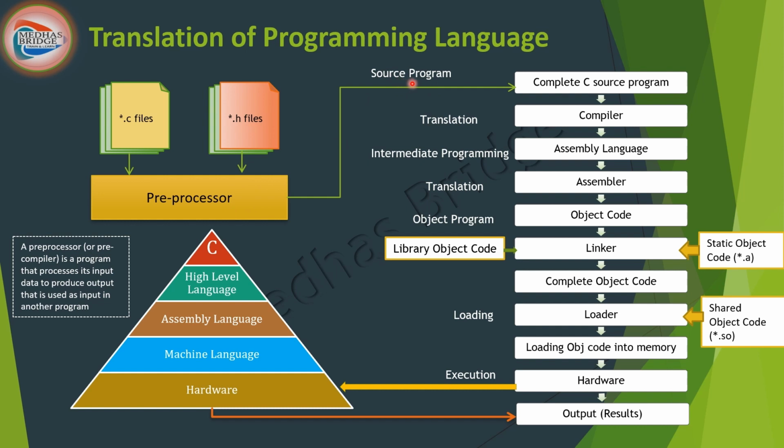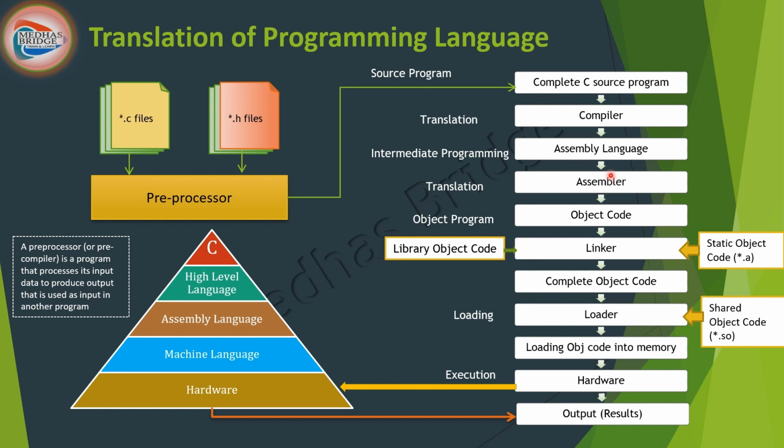This complete source program you now give to the compiler. What would the compiler be doing? The compiler takes the source program and translates it into another intermediate program, for instance an assembly program. So what would the assembler be doing?